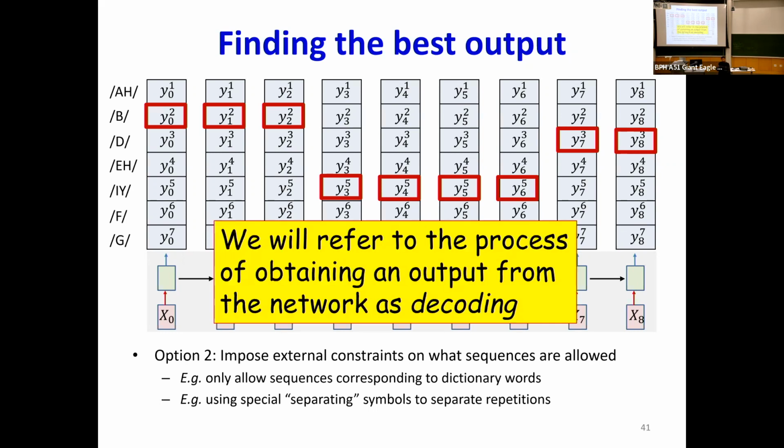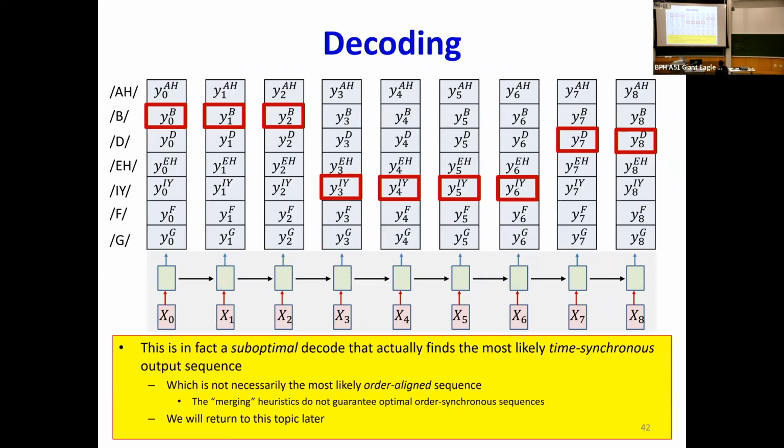Anyway, in general, we're going to refer to this process of looking at an input and generating a candidate or a potential answer to the question, what sequence of symbols does this represent? So this is going to be inference. It's going to be called decoding, okay? Now, what we just did over here was suboptimal.